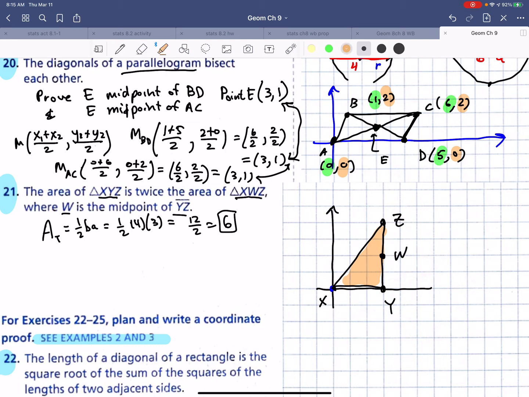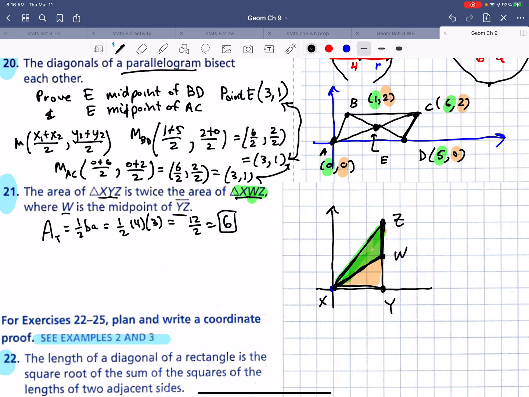So what is my triangle XWZ? XWZ is this triangle. It's like a really interesting triangle, isn't it? How can I find the area of this triangle?